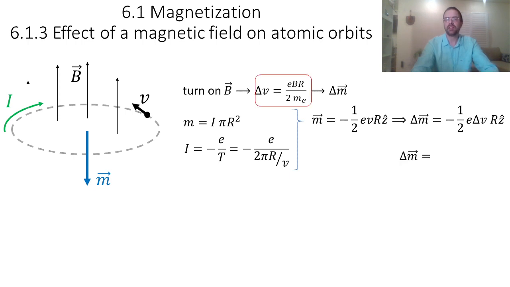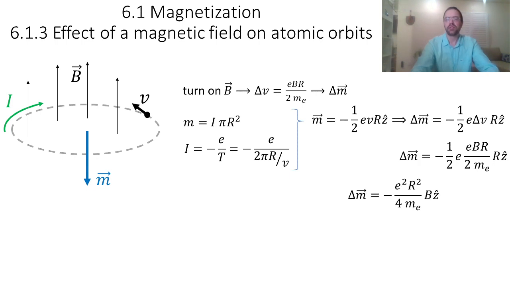Okay, since delta v is equal to eBr over 2m_e, then we can write delta m as minus 1/2 e, then eBr over 2m_e, times r along z hat. And so that is delta m equals minus e squared r squared over 4m_e times B along z hat. And since B is actually along z hat, then we can write this as minus e squared r squared over 4m_e times vector B.